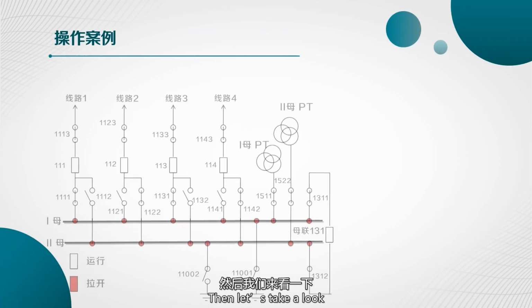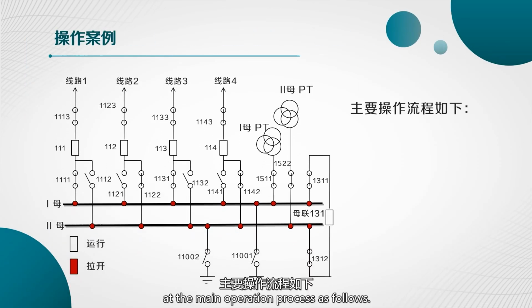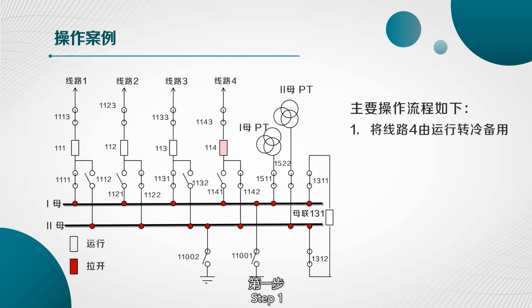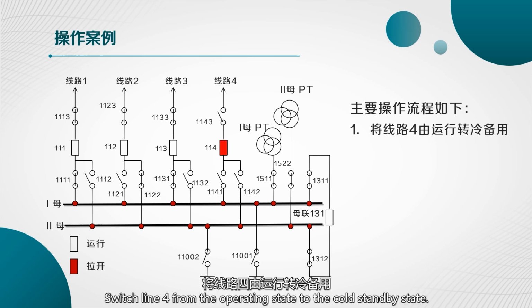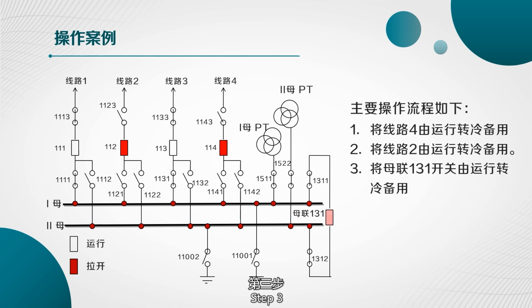Then, let's take a look at the main operation process as follows. Step 1. Switch line 4 from the operating state to the cold standby state. Step 2. Switch line 2 from the operating state to the cold standby state. Step 3.